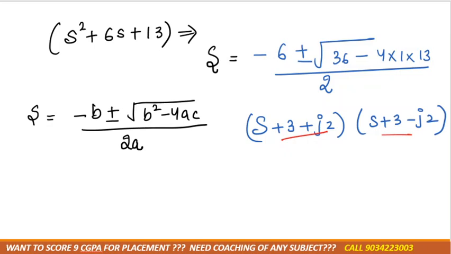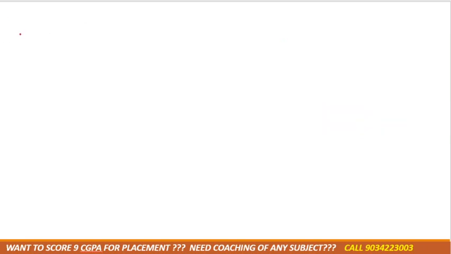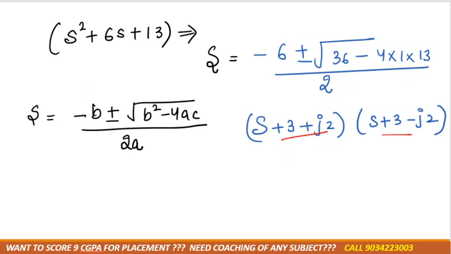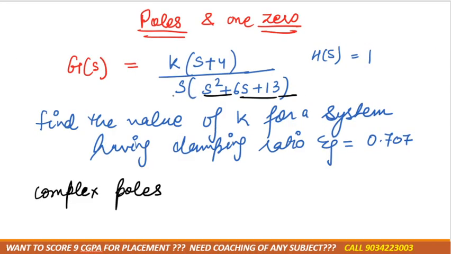So now we'll need to start the question. Remember step number 1: we need to calculate the total number of poles. How many poles are there? You can see, suppose this one is s is equal to 0, and we'll have two poles from this equation.